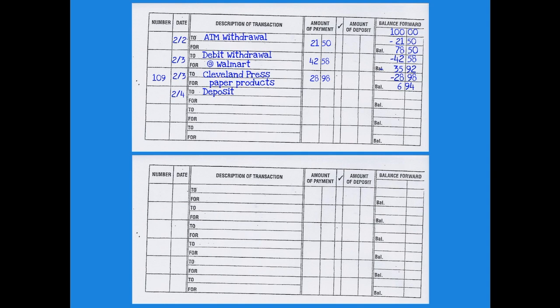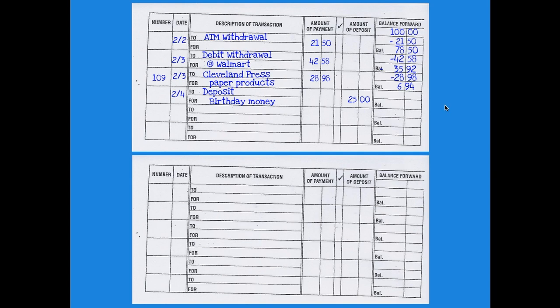So we're depositing this birthday money into our account. So again, on the for line, you're going to write birthday money. And Grandma wrote us a check for $25.